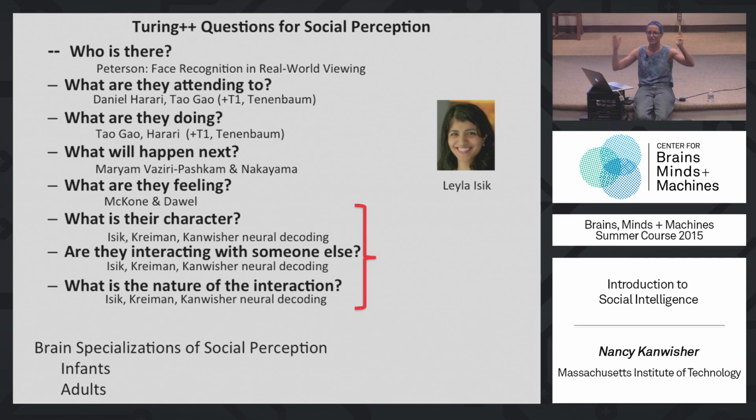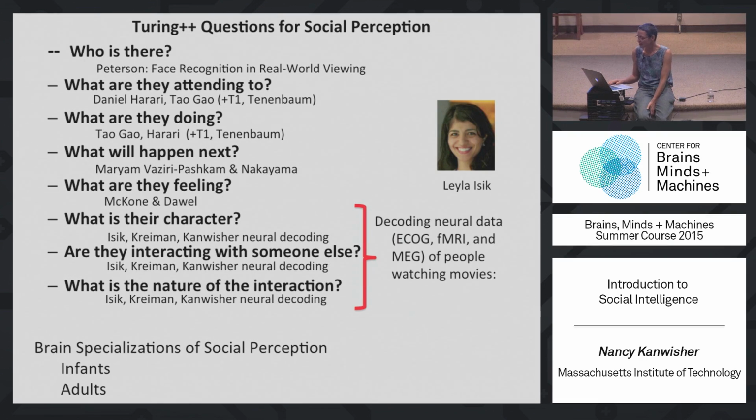And because these are rich, complex social stimuli, she's going to look at all kinds of things that we can try to extract from those data, like can you tell the identity of the person who's on the screen right now? Can you tell from their face, their voice, their body? Can you tell what action they're carrying out?